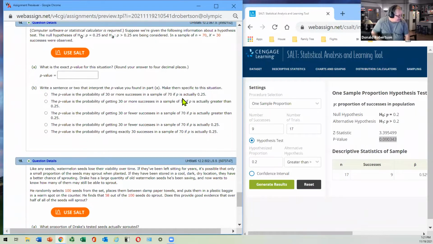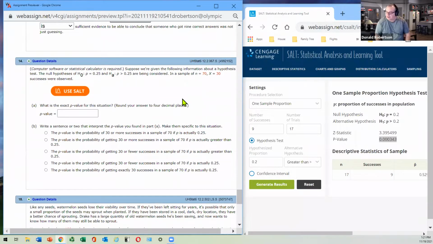Okay, now the next question doesn't even have a story, but nonetheless, we can still answer it. We are going to find the p-value for a story where the null hypothesis is it's 0.25, that the alternate is it's bigger than 0.25. N is the sample size and X is how many people said it.